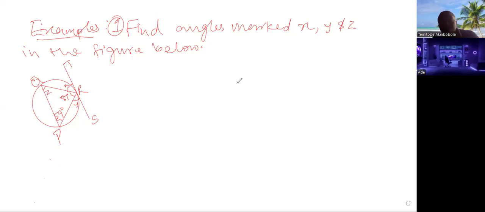So we are asked to find angles marked S, Y, and Z in the figure. Now, ST is a tangent. If you look at angle S, that's QRT.